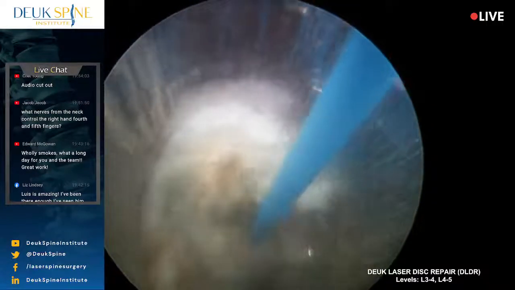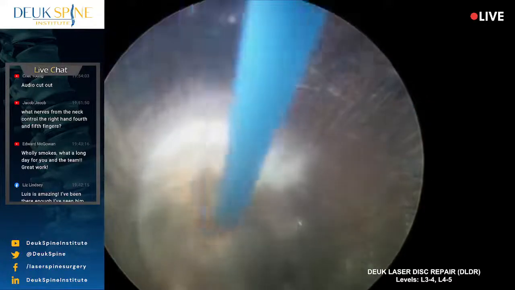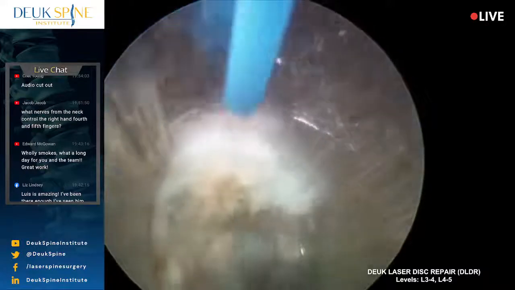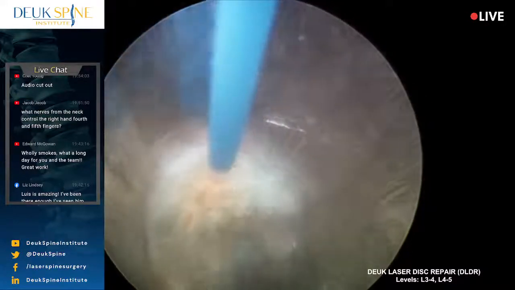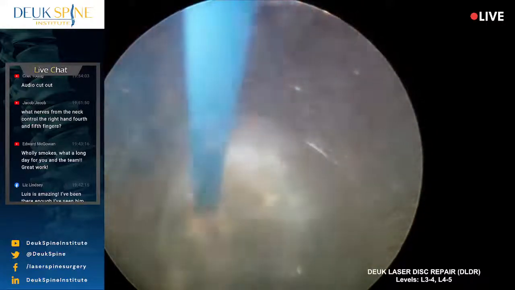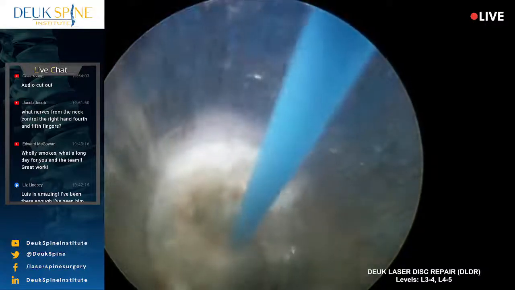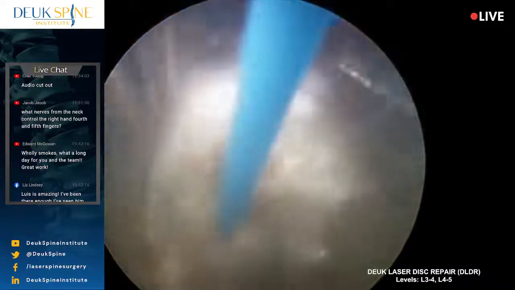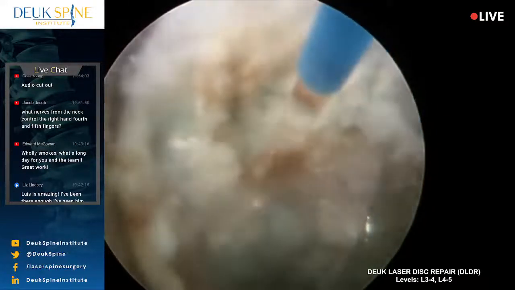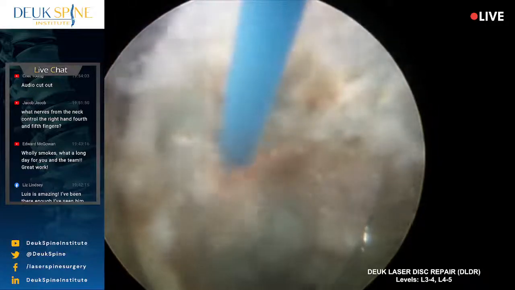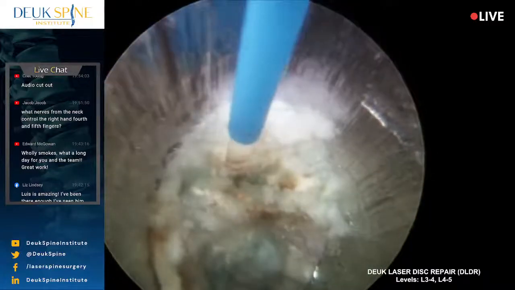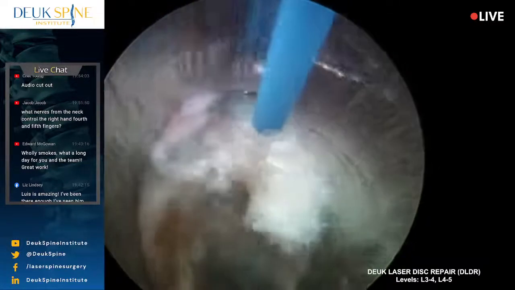So that would be a herniated disc at C7-T1, which would get the T1 nerve root, and then a herniated disc probably at C7-C8 nerve root. So I don't know if that answers the question or not. But typically the C8 and T1 nerve roots.